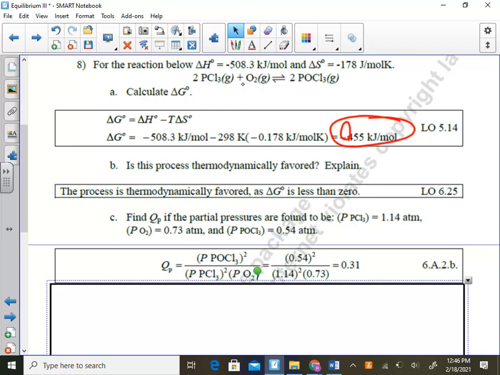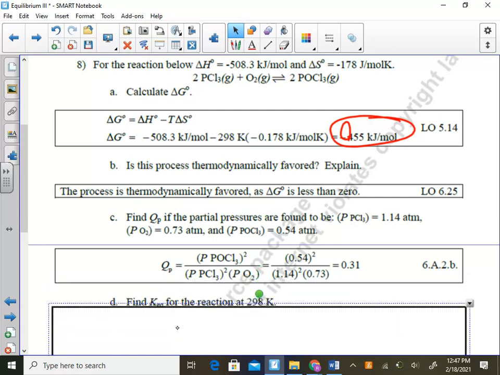Since the coefficient is 1, the exponent on this one is also 1. Then we plug in all our pressures: 0.54 squared divided by 1.14 squared and 0.73. And we get a total of 0.31. And so we calculated Q.